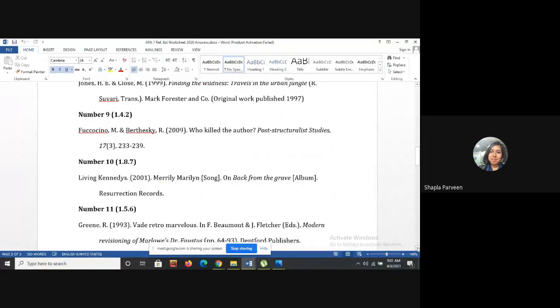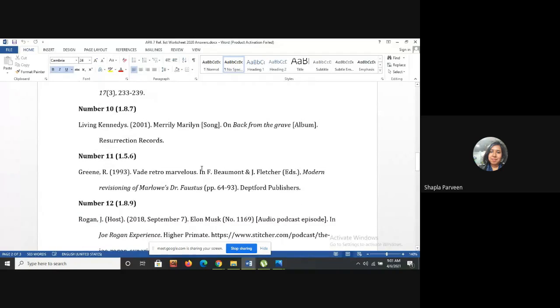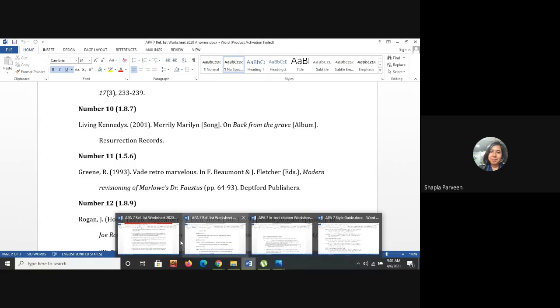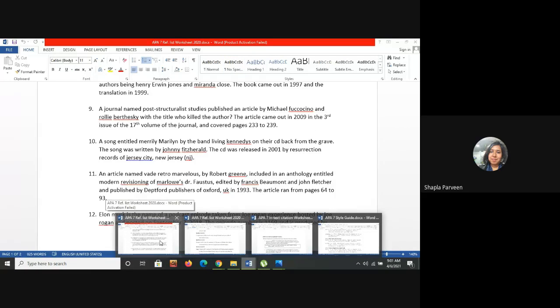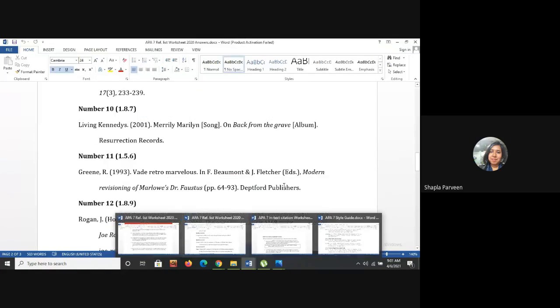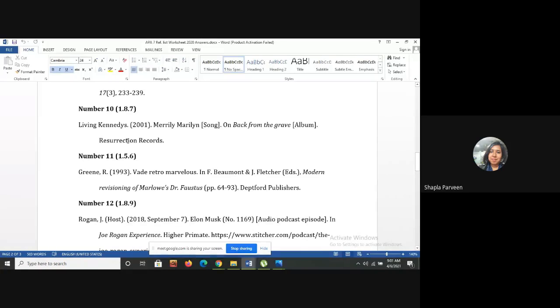Okay, so for entry number 10, you can see Living Kennedys. Let me just check the entry. The band is Living Kennedys. Okay, so probably the rule has changed. Living Kennedys, that's the name of the band.